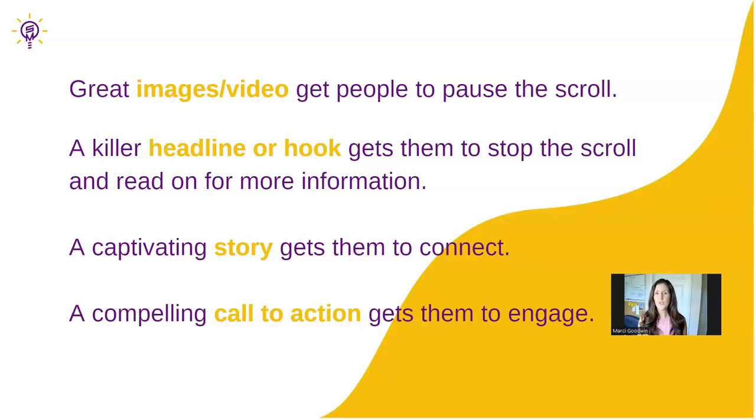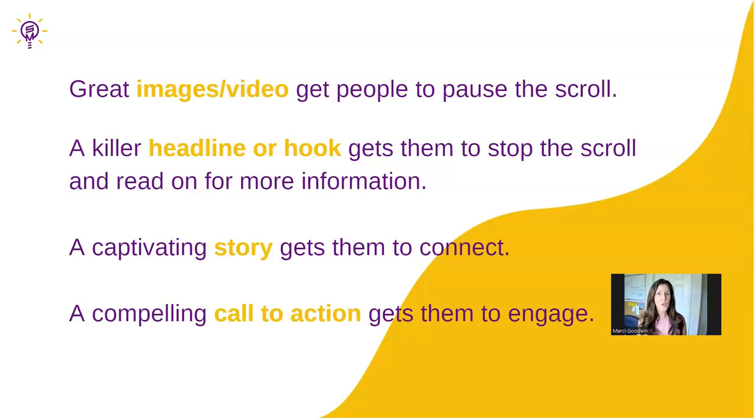So great images or video get people to pause the scroll. You know, you're scrolling through the socials and you think, oh, well, that's interesting. Something catches your eye and you pause long enough. You're not stopping. You're pausing long enough to read that first line of the caption, which is the headline. A killer headline or hook gets people to stop after the picture gets them to pause the scroll.